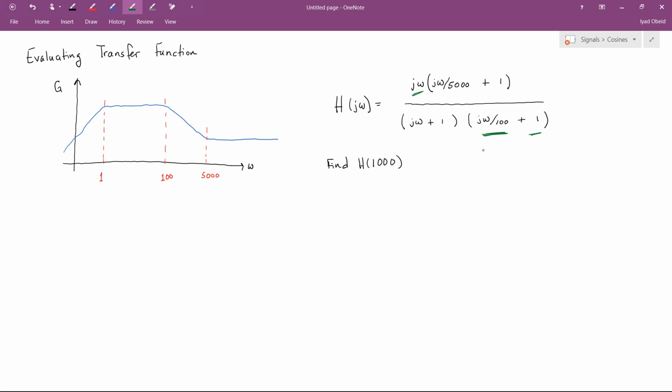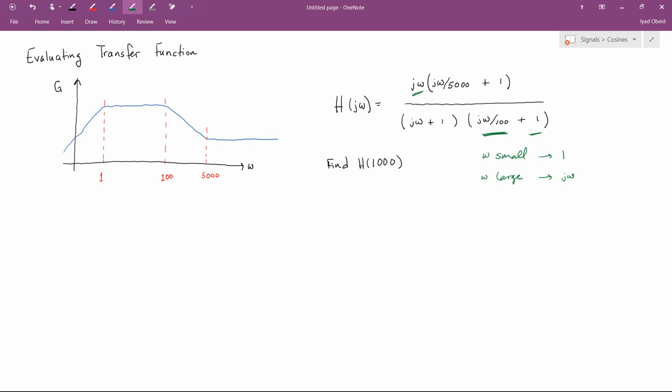The simplifying assumption that we can make is that if omega is small, then we can just assume that the binomial equals 1. And if omega is large, whatever that means, then we're going to stick with the j omega term. We're going to say that the j omega term is so big that it effectively dwarfs the 1, and we can ignore the 1 without introducing too much error.